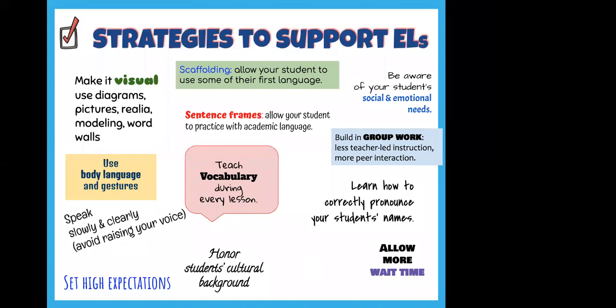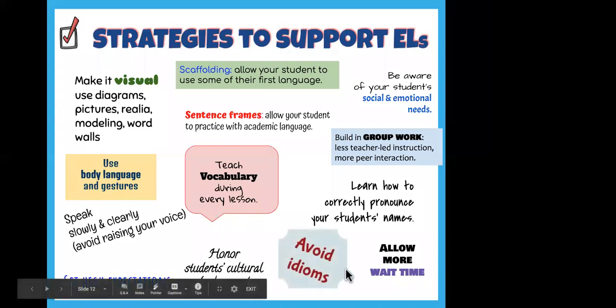Speak slowly. I'm kind of not modeling this correctly right now because I only have 45 minutes and I have so many things to tell you. But when you are with your students, definitely speak slowly, clearly, and definitely no idioms. I don't know if I'm saying this correctly, but avoid confusing information for your students.